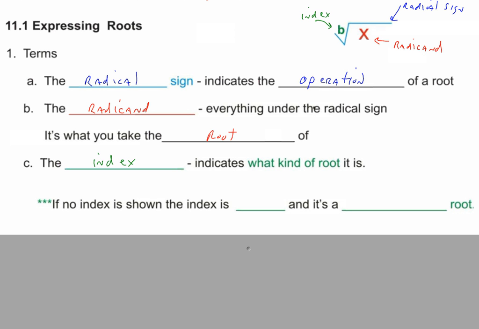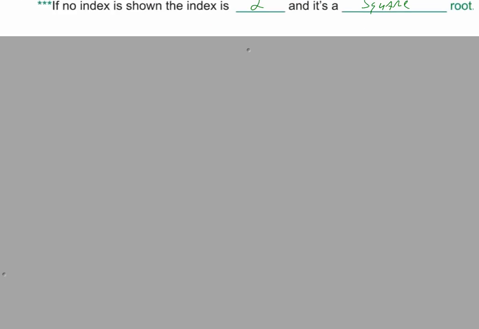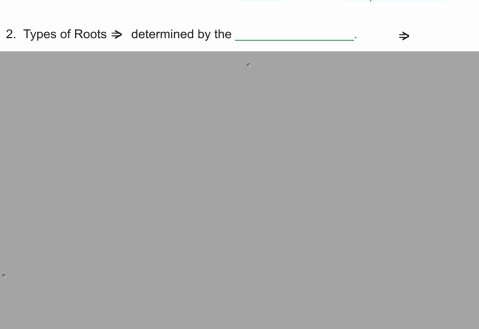And hopefully we all remember, if no index is shown, then technically the index is 2, and that's a square root. That's old hat. Because square roots are common, most people think everything's a square root, but no, that's only the root when no index is shown.